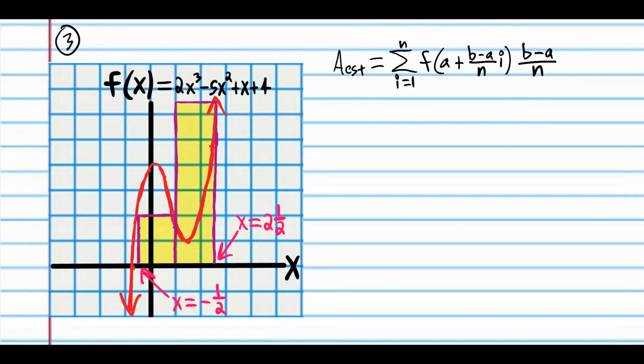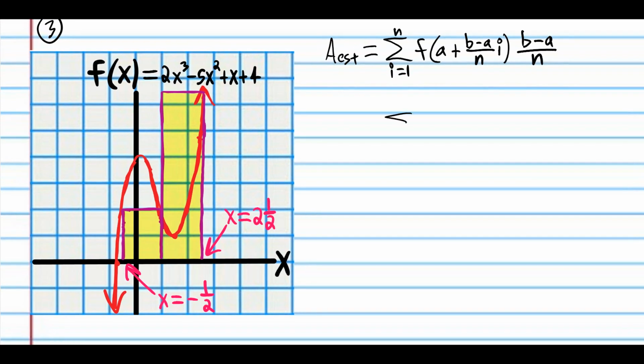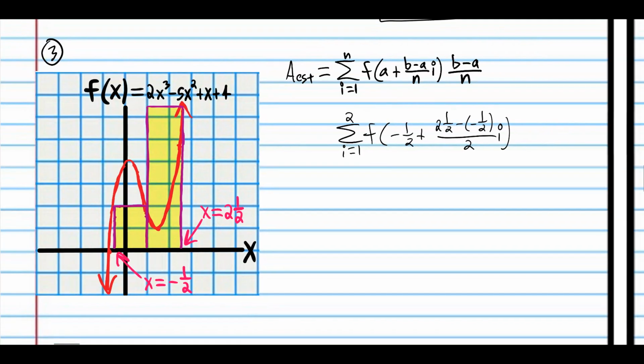So it just so happens that actually the left corner touches the graph here, but that was just a coincidence. You can see the left corner up here doesn't really touch the graph. So we have 2 rectangles, and A is negative 1/2. B is 2 1/2. Two rectangles again.